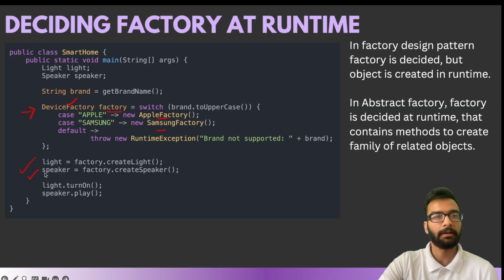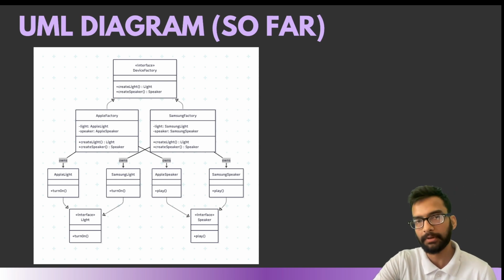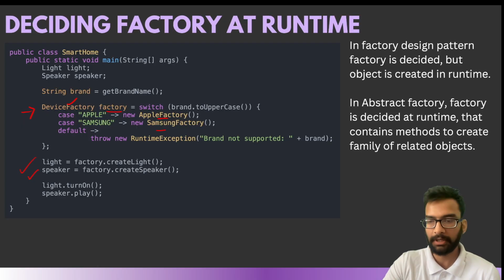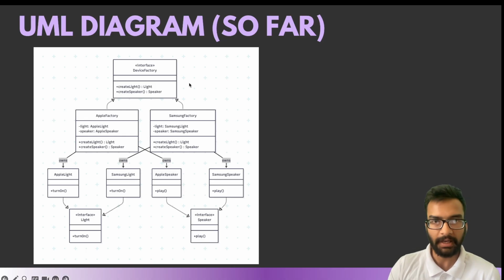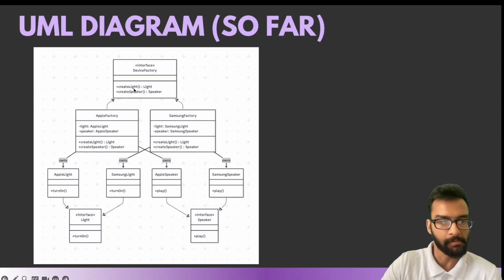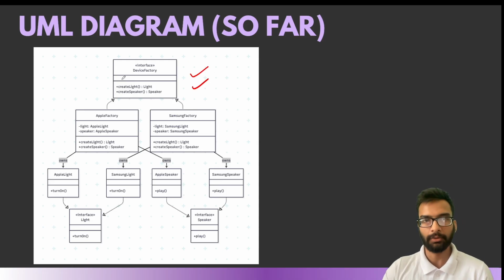Now coming to the abstract factory, let's see the UML diagram first, and then we will discuss more about abstract factory. So on the top we have a device factory. Let me select a pen. On the top we have the device factory, which has the methods create light and create speaker.